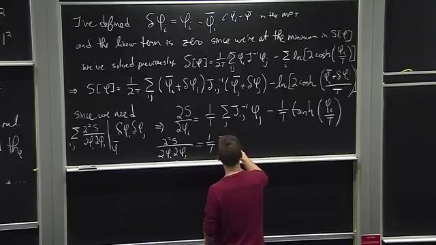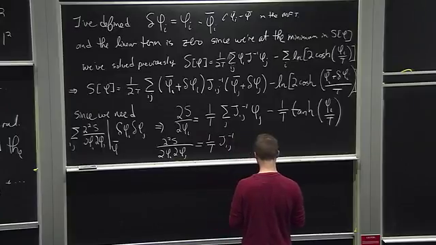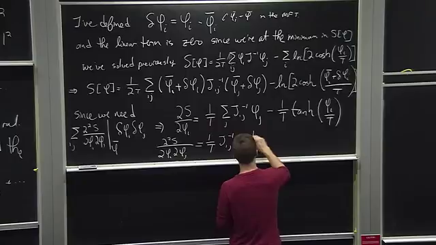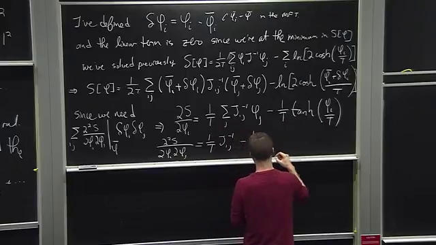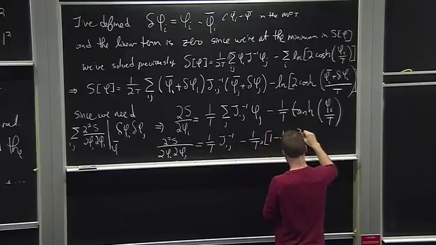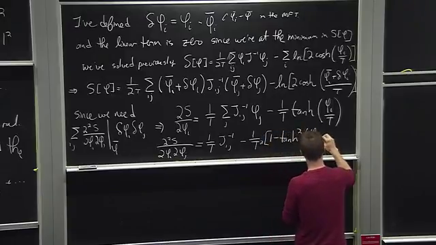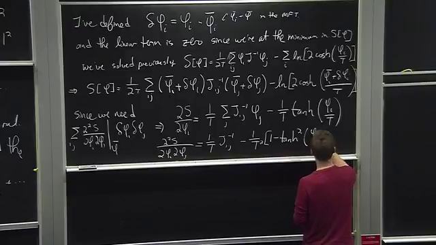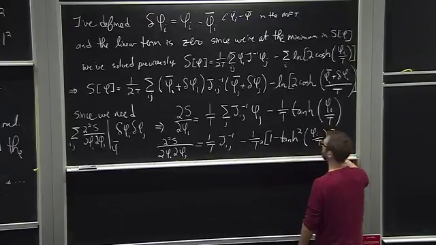So we're just left with the inverse interaction matrix. Then for the second term, we get tanh squared phi I over T.